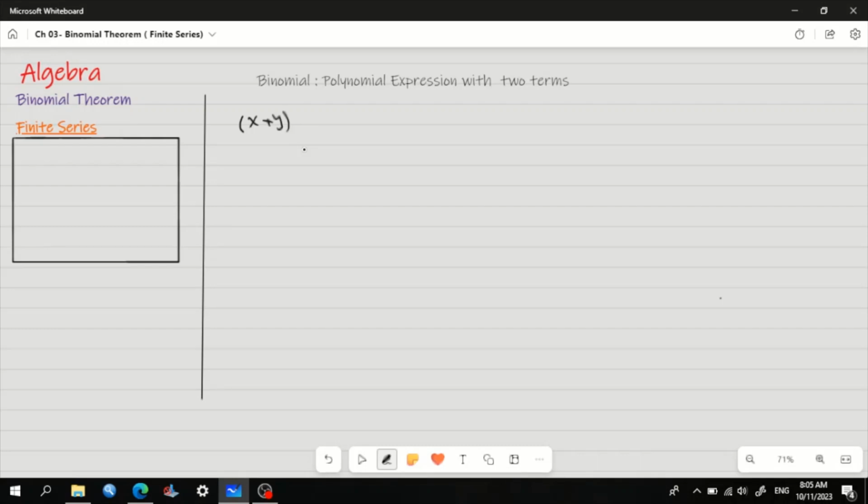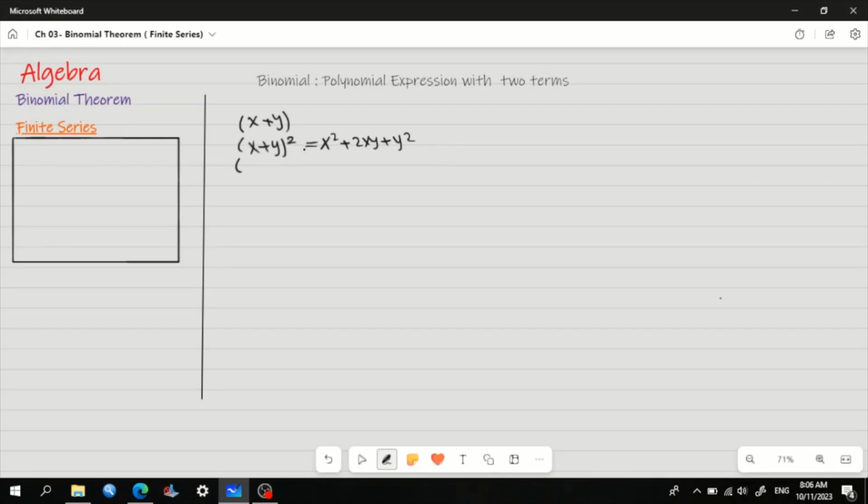Again, if I have (x plus y) squared, what is the expansion of this bracket squared? This will be equal to x squared plus 2xy plus y squared. Okay.